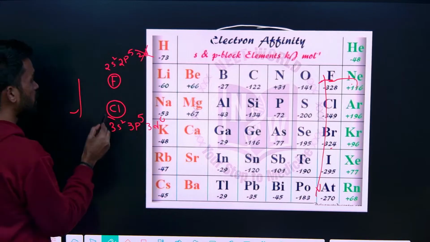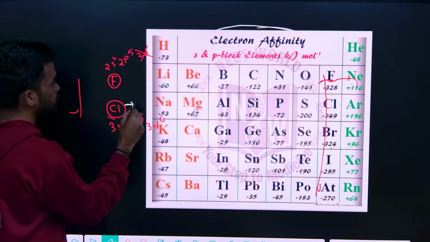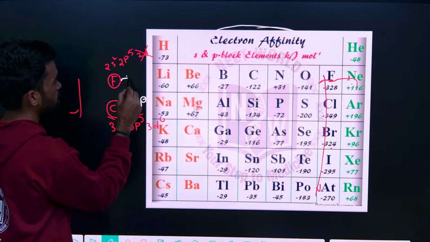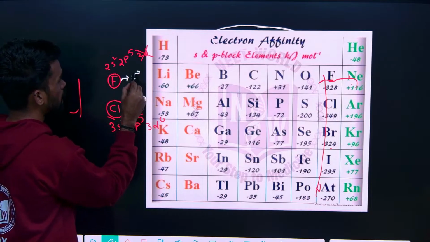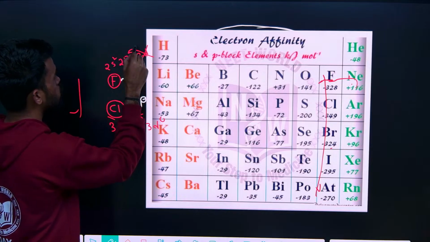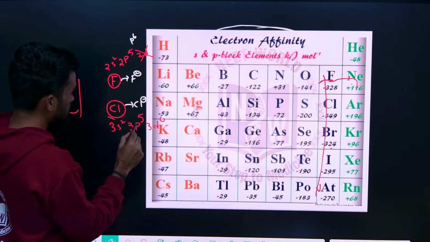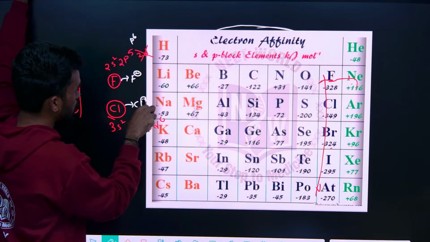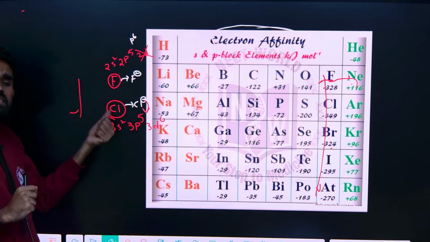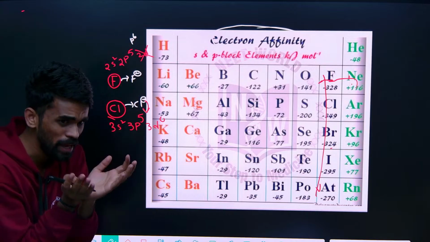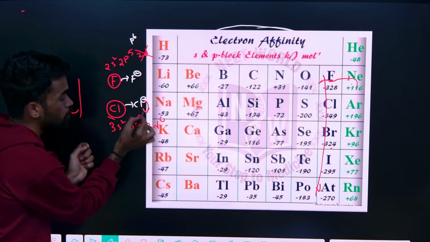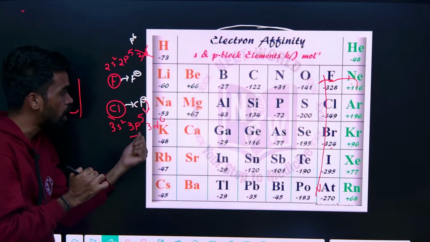If I add one electron to chlorine, it becomes the chloride ion; if I add one electron to fluorine, it becomes the fluoride ion. This extra electron goes to the p orbital, so it becomes p6. Chlorine has some space to accommodate the incoming electron, either in p or in d.